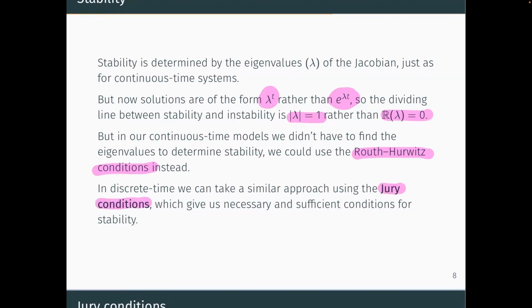These are called the Jury conditions. But these, again, are telling us something specific about the eigenvalues of a matrix. Okay? So there's nothing intrinsic about the matrix itself that tells you whether you're in continuous or discrete time. But the Routh-Hurwitz conditions tell you when your eigenvalues have negative real parts and therefore are stable. The Jury conditions tell you when the eigenvalues of a matrix have absolute value less than 1. Okay.